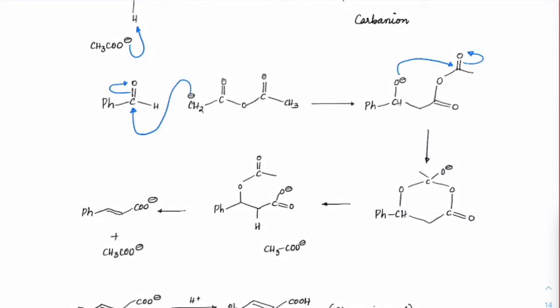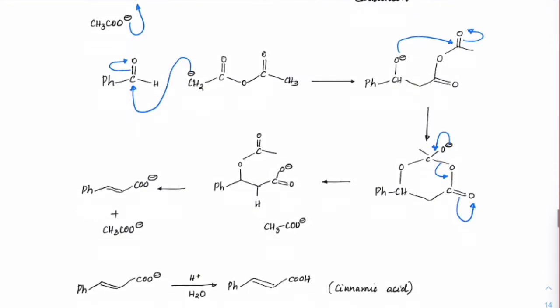Now, O minus can't be stable, so it will close as a double bond, so this bond will break and this will become O minus. As that happens, a bond breaks here, so you will get an ester form on this side, O-C=O-CH3. This carbon will have COO minus, with the alpha position having a hydrogen.